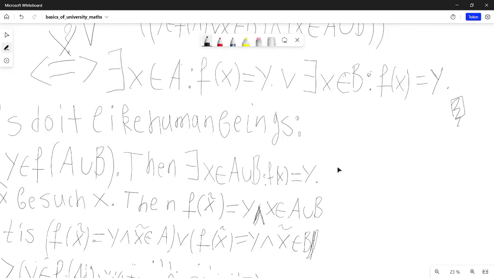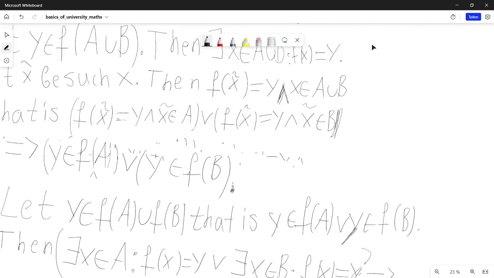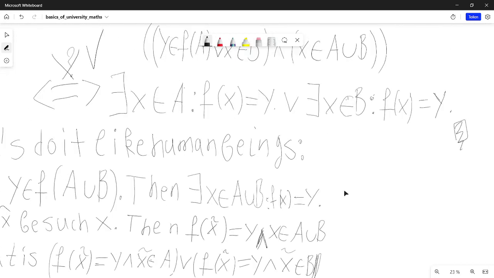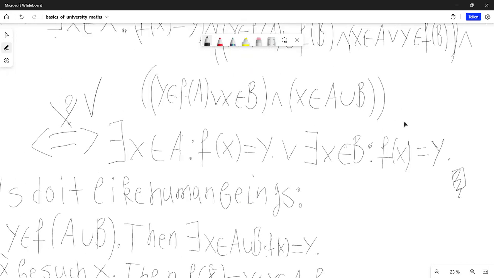And of course, there was also a way to see that immediately, because that's also how I have seen that in my mind.